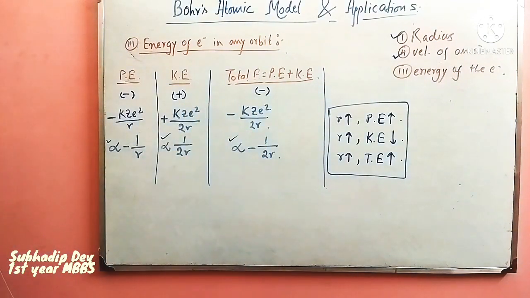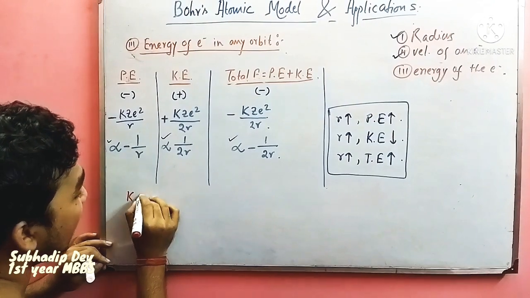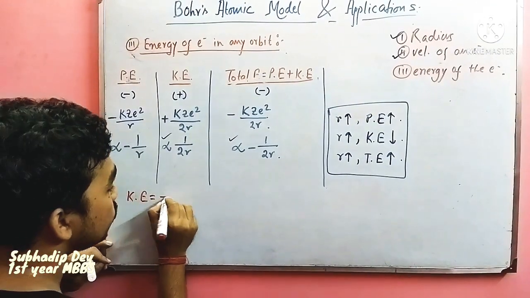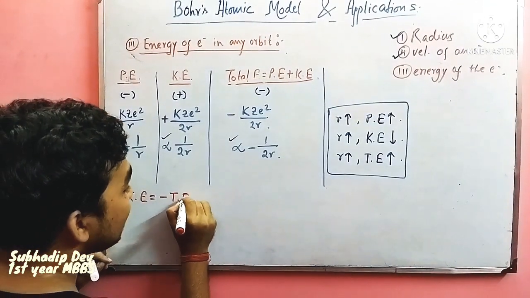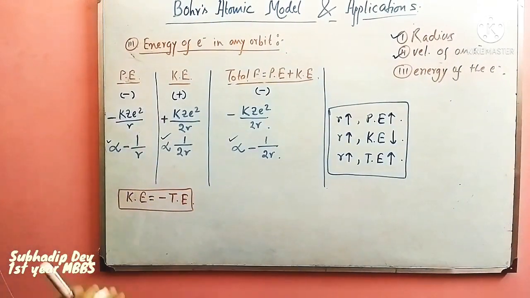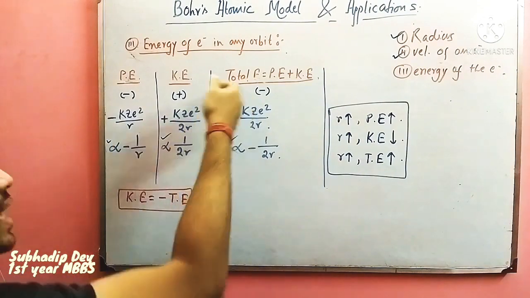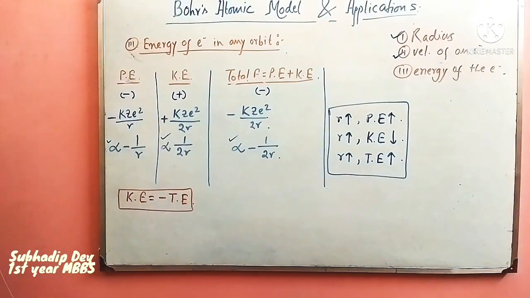So here we draw a relation between the kinetic energy and the total energy. That is, kinetic energy is equal to the negative of the total energy of an electron. Their numerical values are just the same. Now we will relate the total energy with the potential energy.